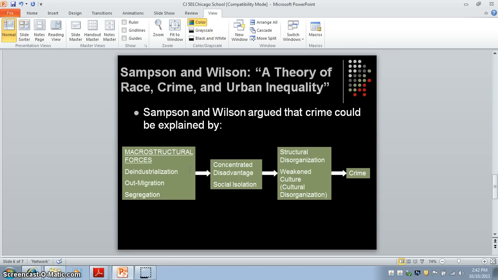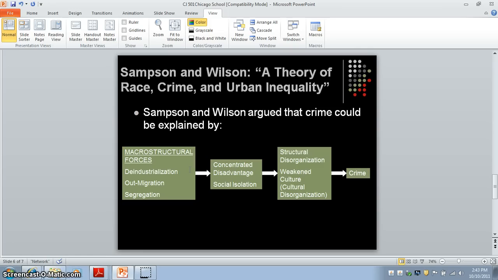These scholars have an article titled A Theory of Race, Crime, and Urban Inequality, which is in the Cullen and Agnew book, and that's what I'm going to discuss now. If you look at the diagram, you will notice that Sampson and Wilson's theory is much like Shaw and McKay's. They essentially argue that structural conditions influence the culture in the community.